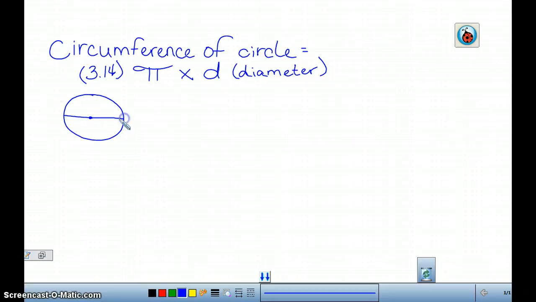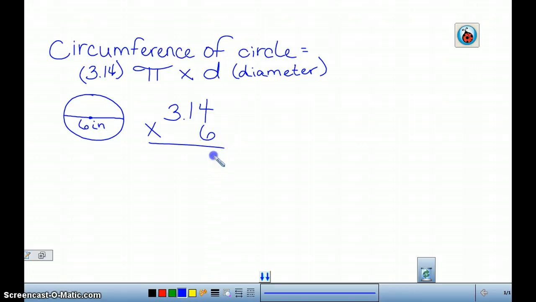If a circle has a diameter, and the diameter is 6 inches, we're going to take 3.14, or pi, times 6 to solve for the circumference. 4 times 6 is 24, carry the 2. 1 times 6 is 6, plus 2 is 8. 3 times 6 is 18.